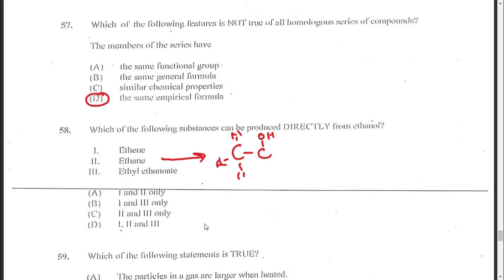So here you have ethanol, and it undergoes dehydration to give ethene. So this is dehydration. And then to get ethane, you would have to hydrogenate the ethene molecule, using a platinum catalyst.